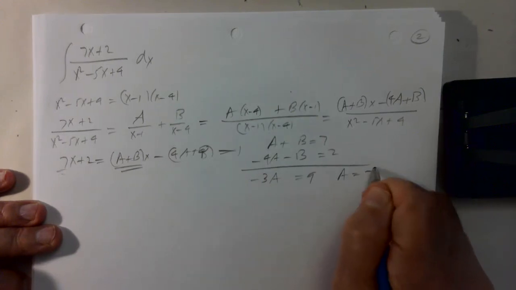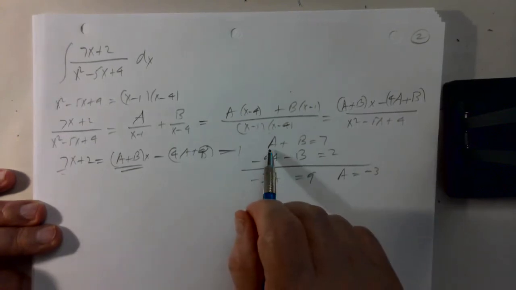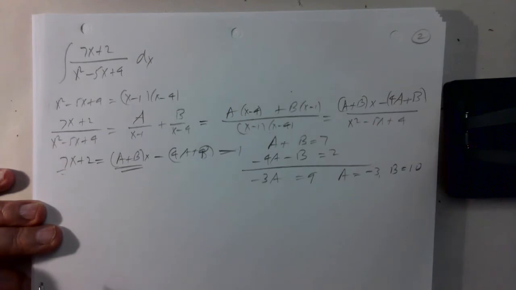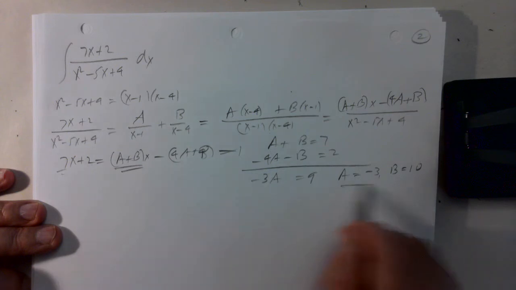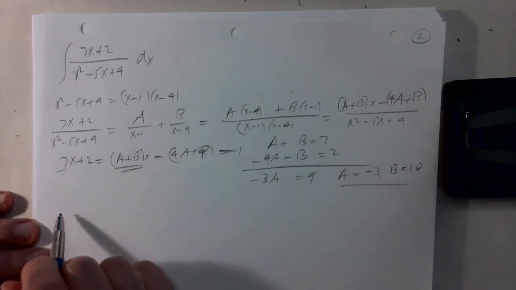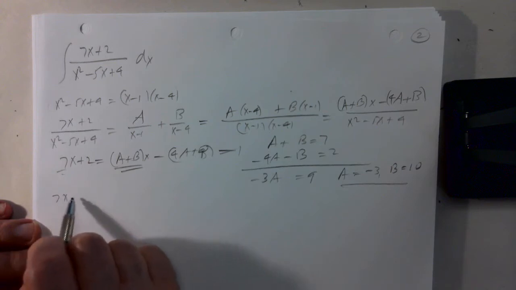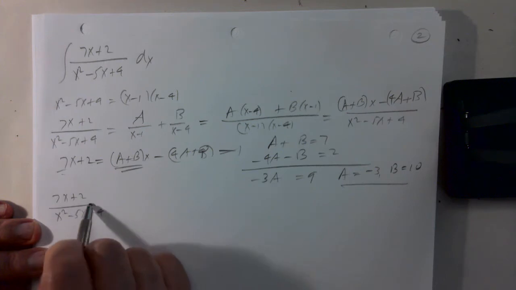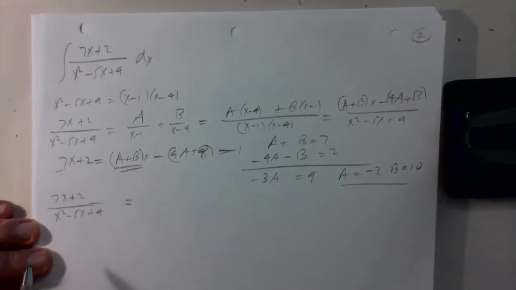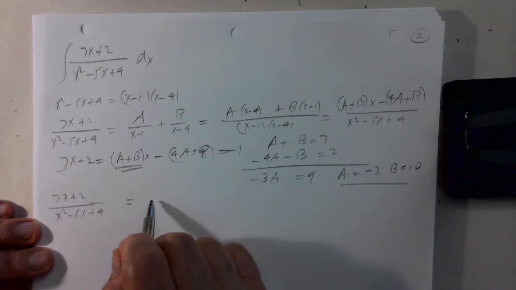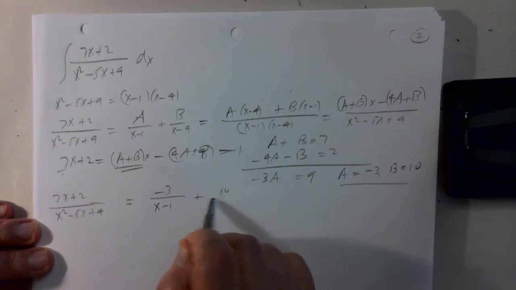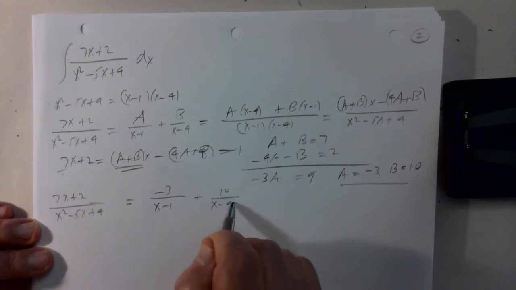So a equals negative 3. And if a is negative 3, b is 10. So 7x plus 2 over x squared minus 5x plus 4 is equal to minus 3 over x minus 1 plus 10 over x minus 4.